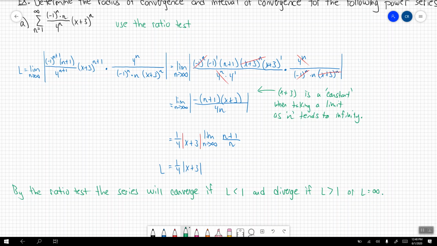All right, so if it's greater than 1 or if it tends to infinity, then we get that the series will diverge.